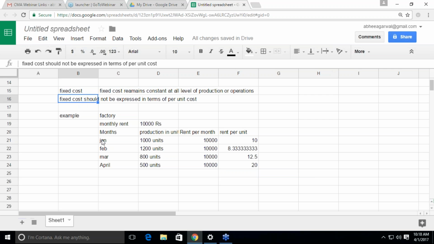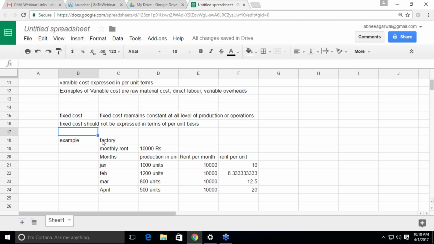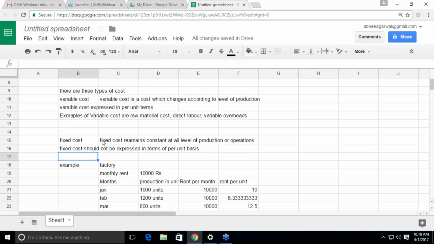However, in the question you can get the fixed cost on per unit basis. By multiplying the given number of units, we can convert into actual value of the fixed cost. So fixed cost should not be expressed in terms of per unit basis. And fixed cost remains constant at all levels of production or operation.